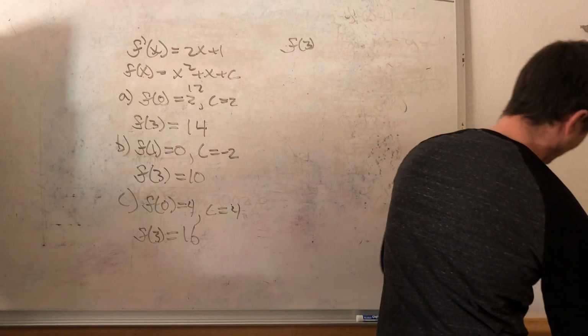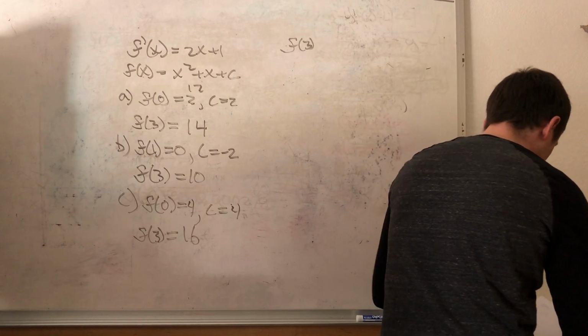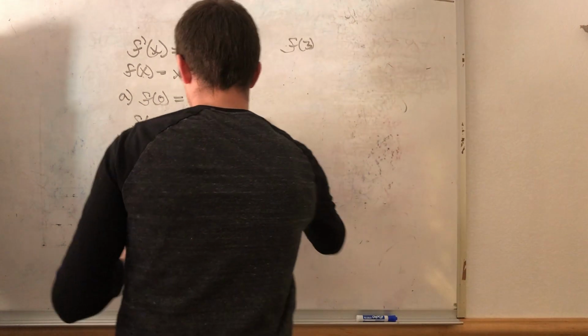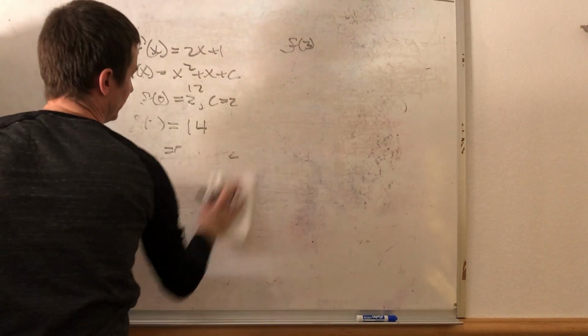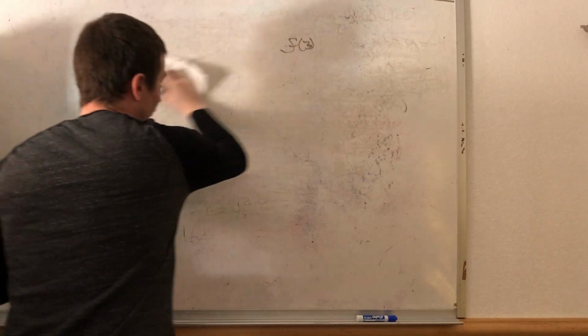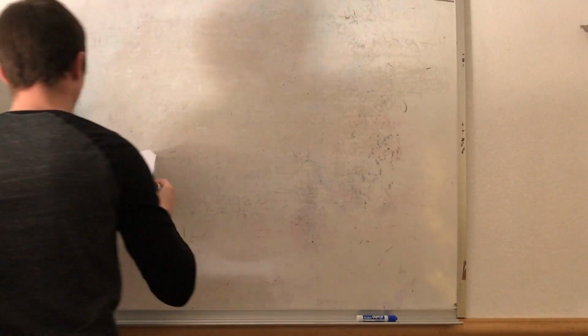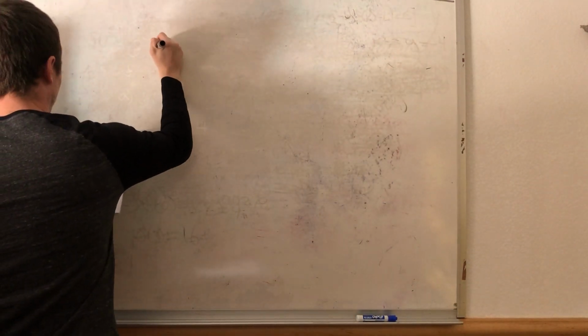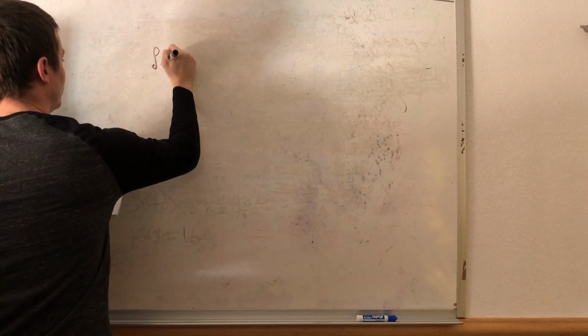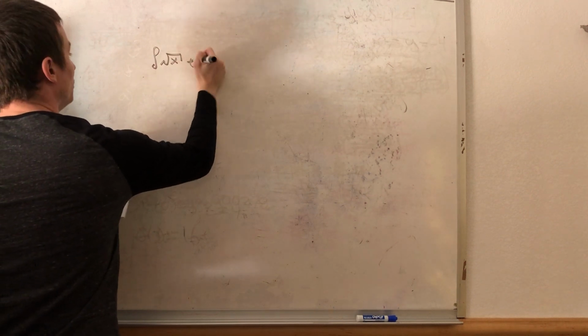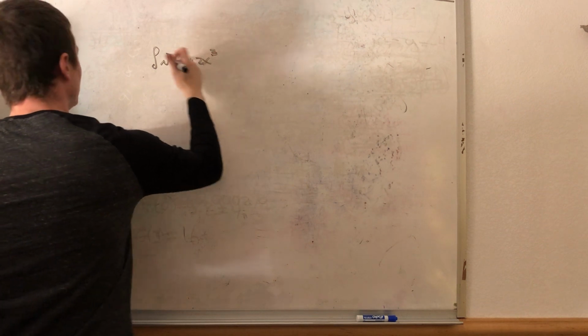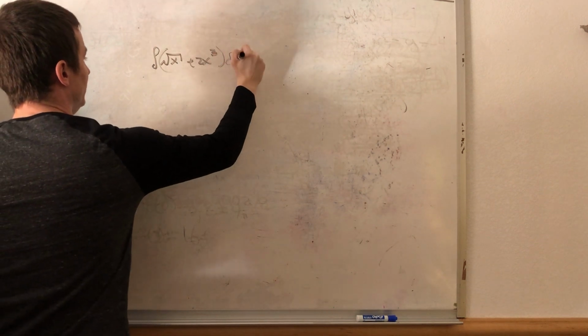That was problem 18. Problem 19 was just a very straightforward integral. Just using the actual integral notation now to make sure that it didn't throw you off. So you were just supposed to find the integral of the square root of x plus 2x cubed dx.